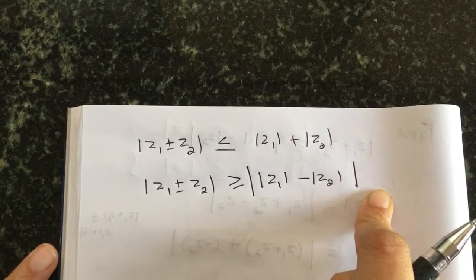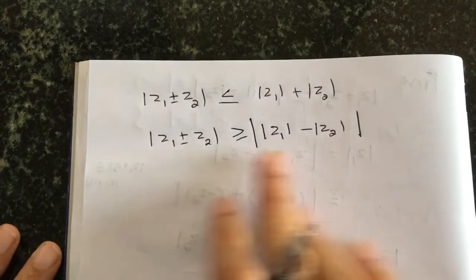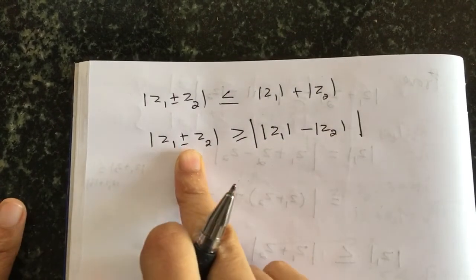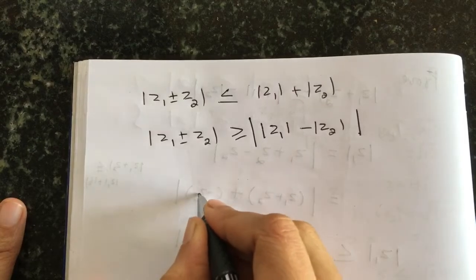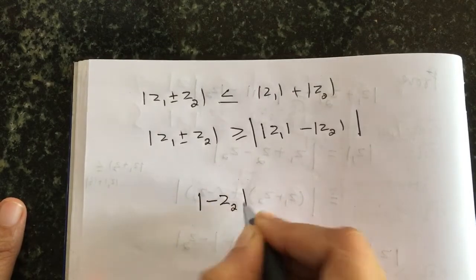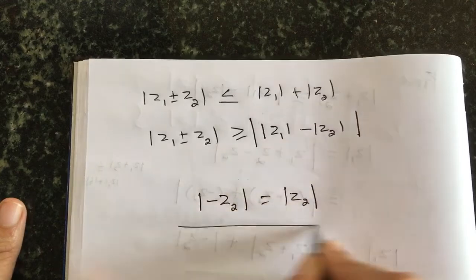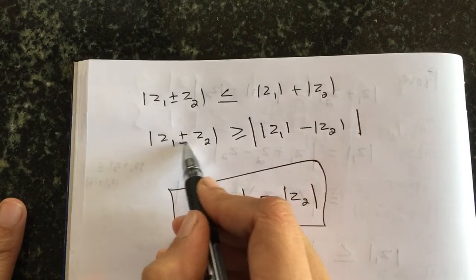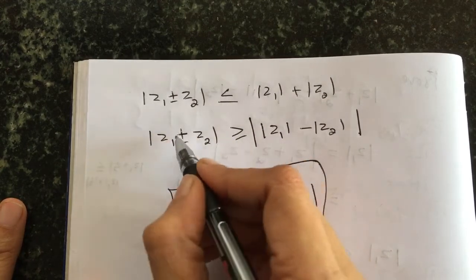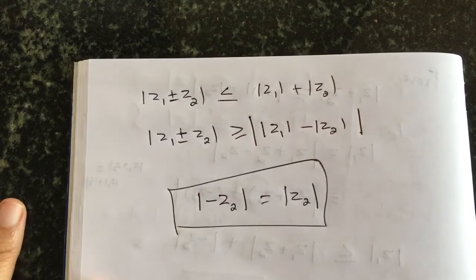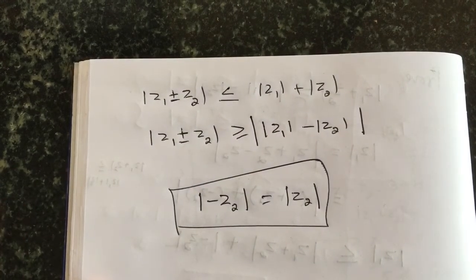It's just because this happens even for a negative value. I know modulus of minus z2 is same as mod z2. Just because of this, upper bound and lower bound are true even if you subtract complex numbers and then take a modulus.